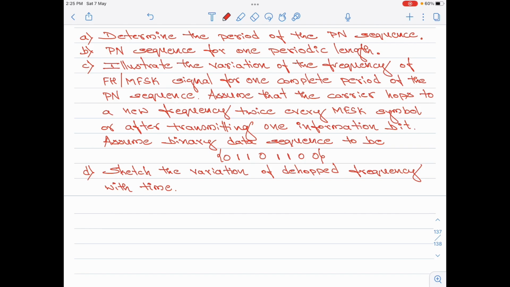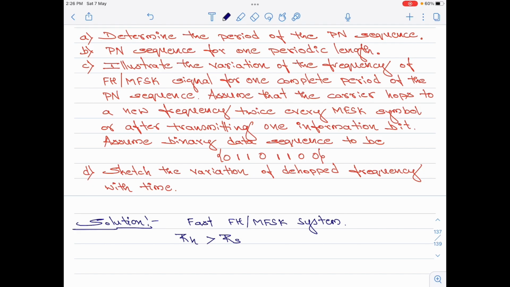Right. With that, let us now start with the solution part. Please note, we are given a fast frequency hop MFSK system. We should note that in a fast frequency hopping system, the rate of change of carrier frequency, which is nothing but the hopping rate, is greater than the rate of change of the input symbol, which is symbol rate RS.